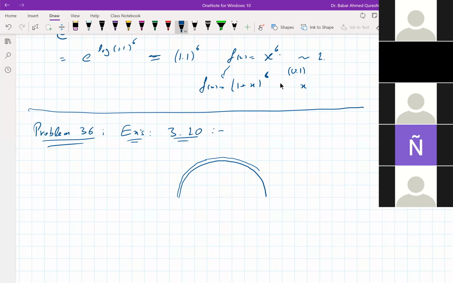The coat of paint has 0.05 centimeter thickness. It's not infinitesimally thin, it has some thickness to it, and you want to maintain a uniform thickness onto it. So you want to find how much paint you will need.